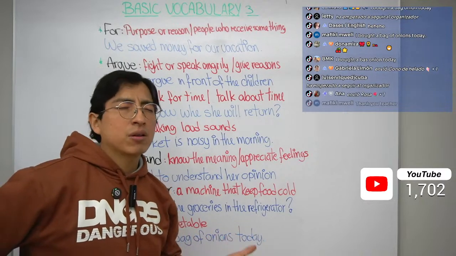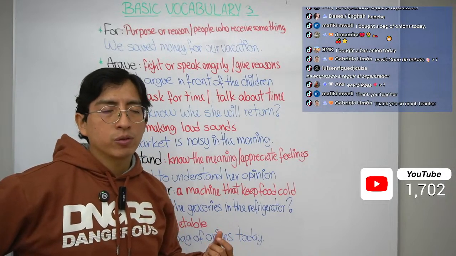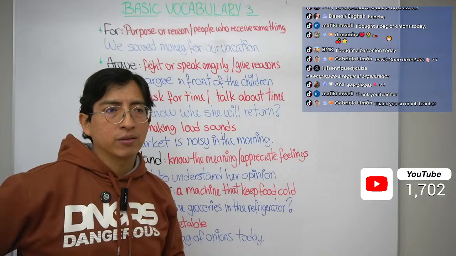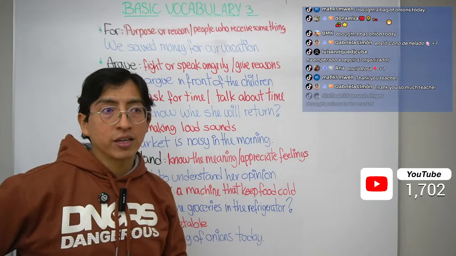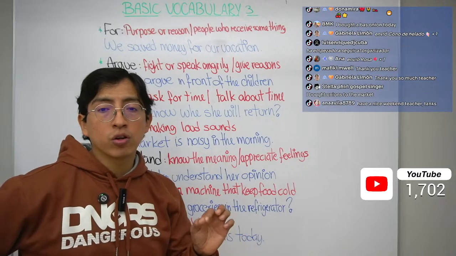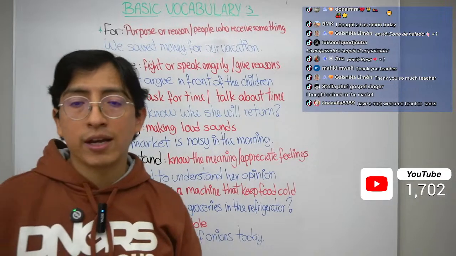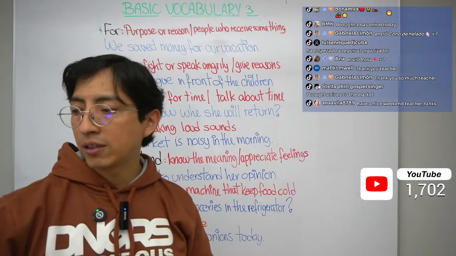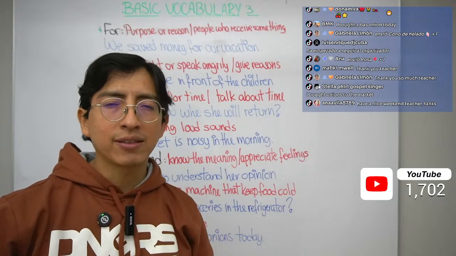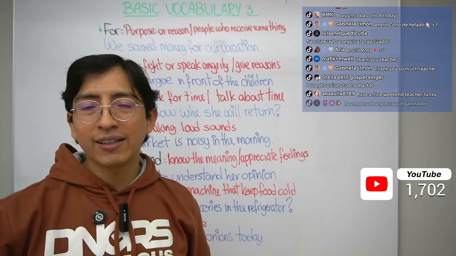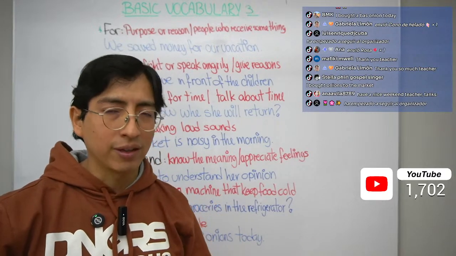Translation is helpful, but what is going to help you improve your English is to understand how you can use each word in a sentence. The only way to do that is if you pay attention to as many examples as possible. That's why I spend a lot of time giving you examples.